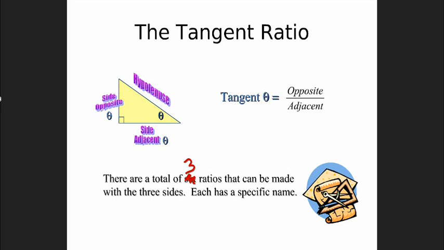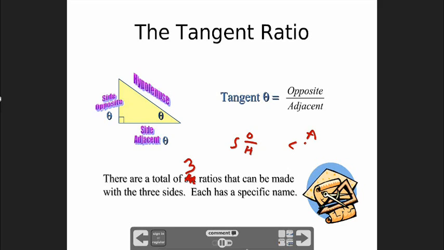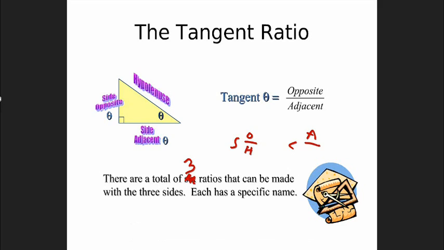And they are SOH, CAH, and TOA is already shown above. And the opposite side in this particular picture, because this angle is shown here, is just as shown.